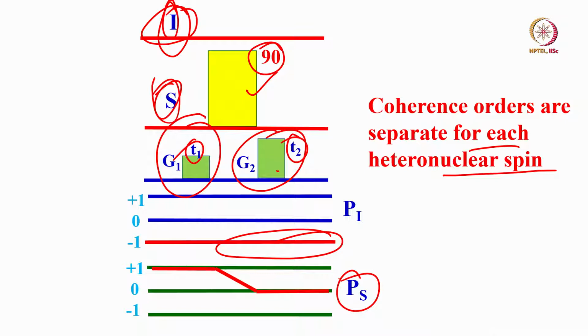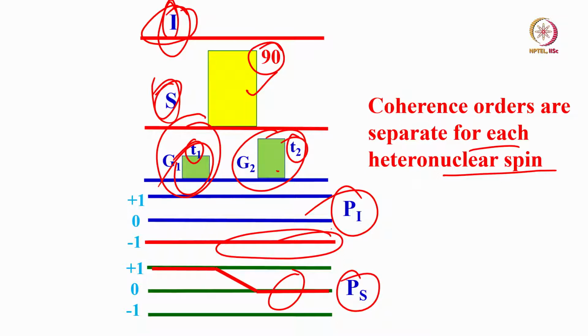Please understand, for the I spin, the pathway is -1 throughout. For the S spin, the pathway is +1 during G1 and the pathway is -1 during G2. See the difference: for both nuclei the pathways are different.